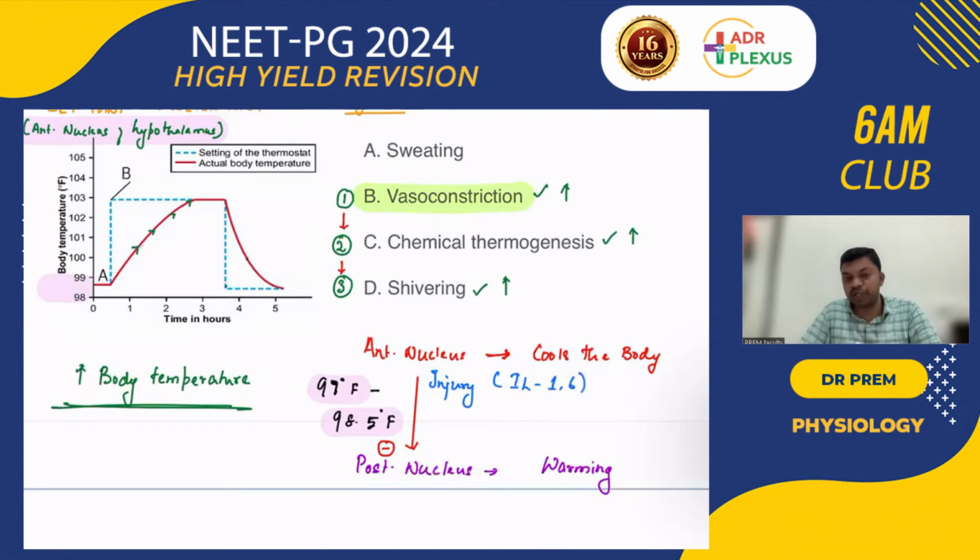If these interleukins, because of infection or inflammation, damage anterior nucleus, the set point is increased. Say, for example, as per this question, the set point is increased to 103 degree Fahrenheit, which means the anterior nucleus will inhibit posterior nucleus only after 103 degree Fahrenheit.